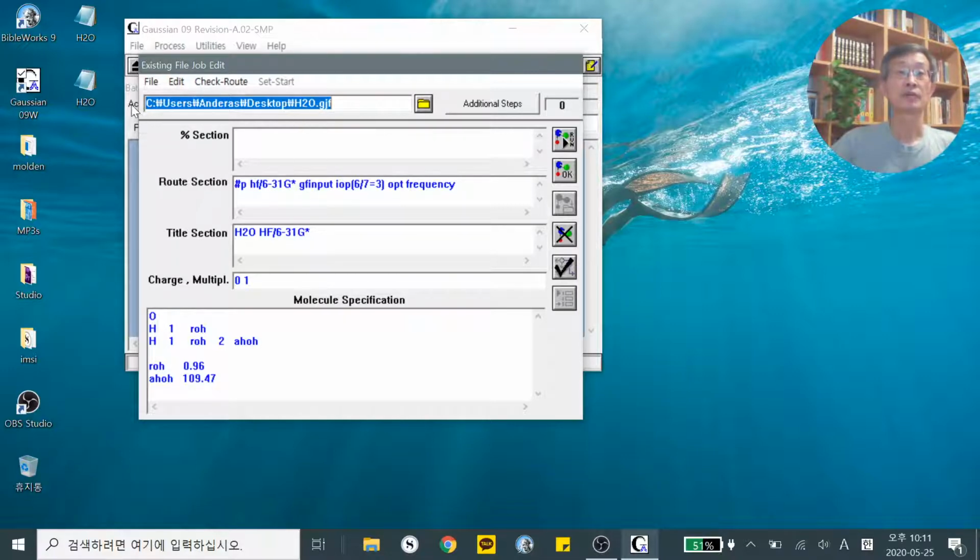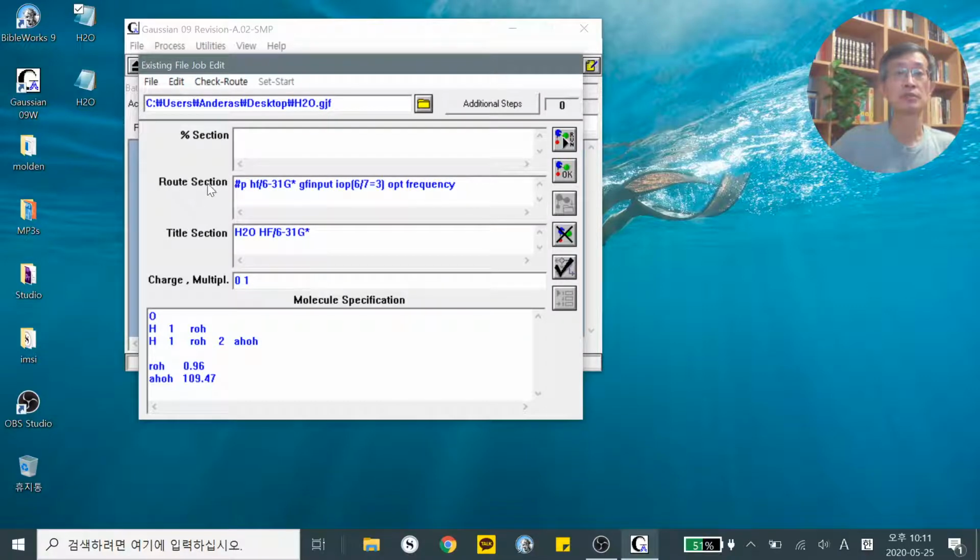H2.gjf is the file on the desktop. Just this one. And then there is a percent section that tells the hardware what to do, like memory use. Memory is up to something like 8 megawords, and then it designates the checkpoint file. So that is what the percent section is for.